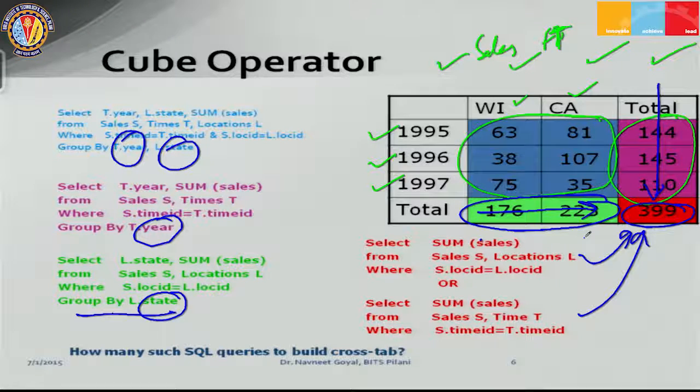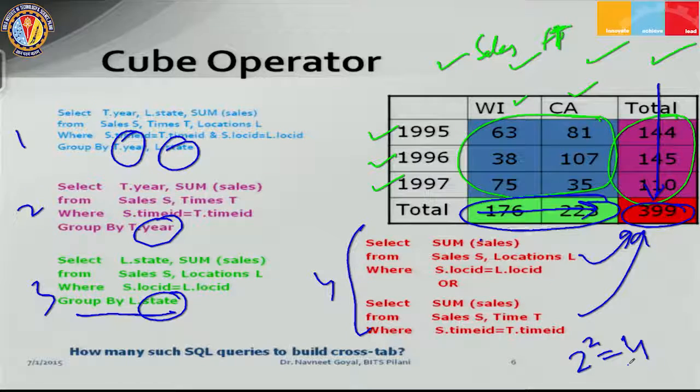Okay, so this is basically a cross tab. How many group by queries did I need? 1, 2, 3, and one of these two, that is 4. There are two dimensions involved, so I need 2 to the power 2, which is 4 queries to generate this information in the cross tab.